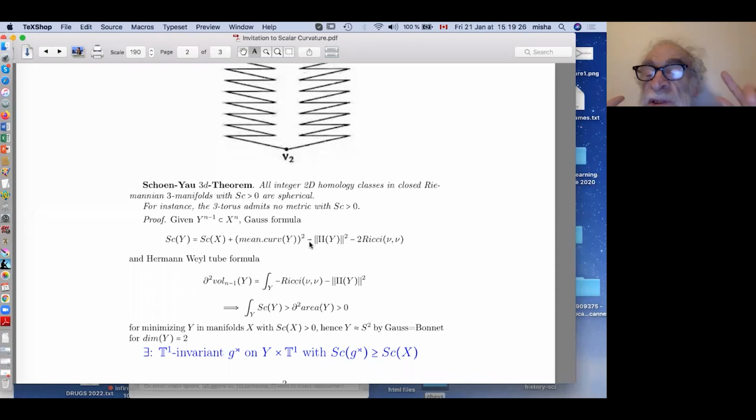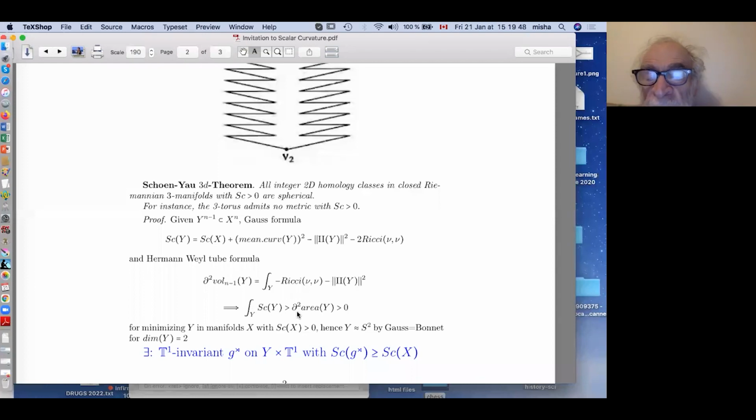However, if it is absolutely minimizing, it's quite a different story, because absolutely minimizing means that when you move it, its area goes up. So its second derivative must be positive. But here's what you have: scalar curvature is bigger than that.